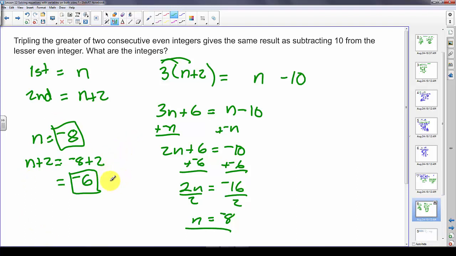Well, negative 6 is actually bigger than negative 8. So if I triple that, 3 times that negative 6 gives the same result as subtracting 10 from the first, and that was negative 8. Notice negative 18 is equal to negative 18. So I have a check.